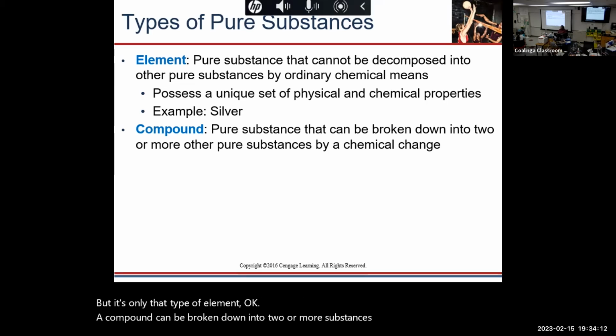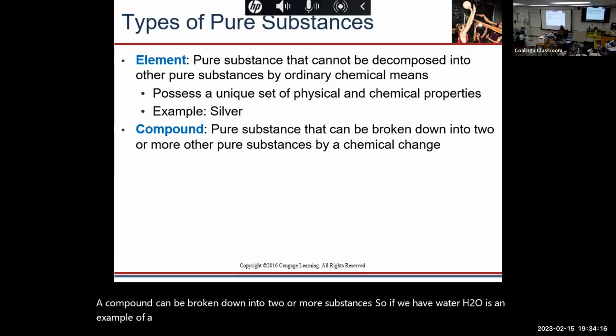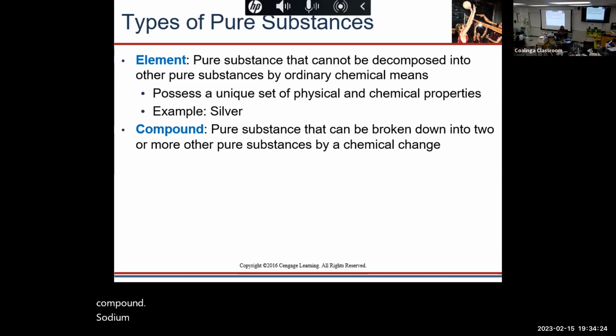Water, H2O, is an example of a compound because it has hydrogen and oxygen. Carbon dioxide is a compound. Sodium bicarbonate is a compound. So elements, compounds, and I'm going to add one more, molecule.